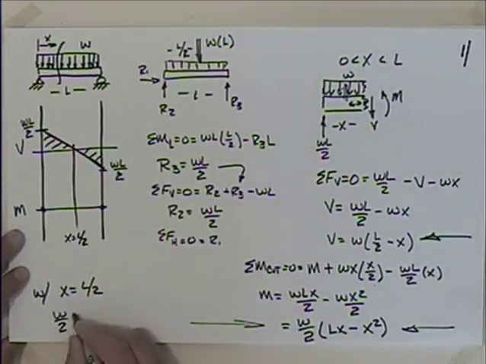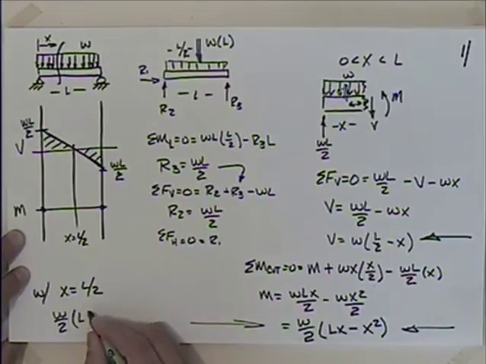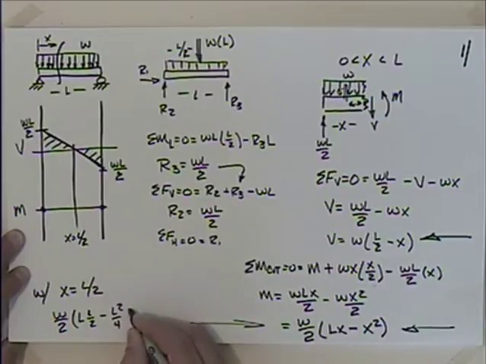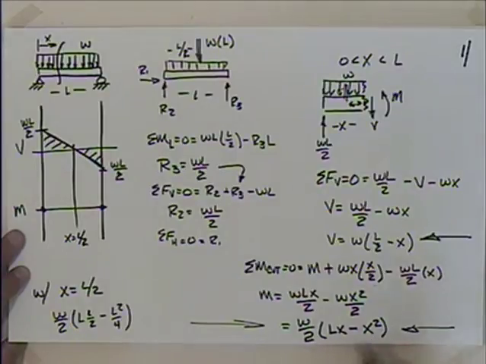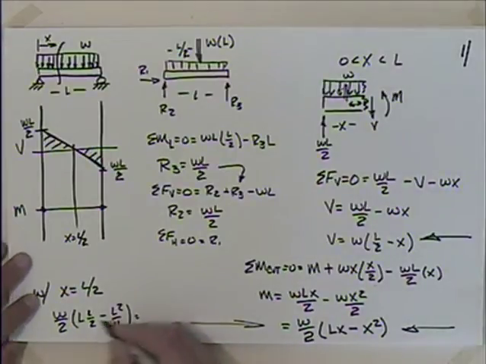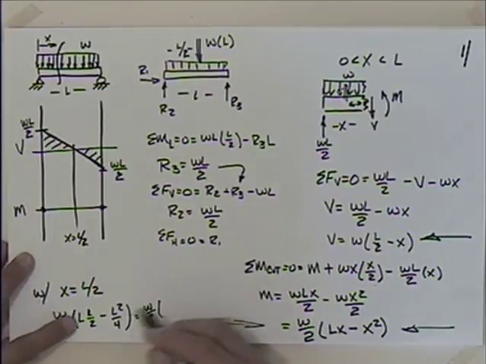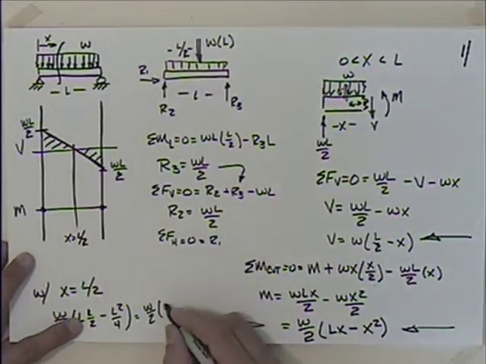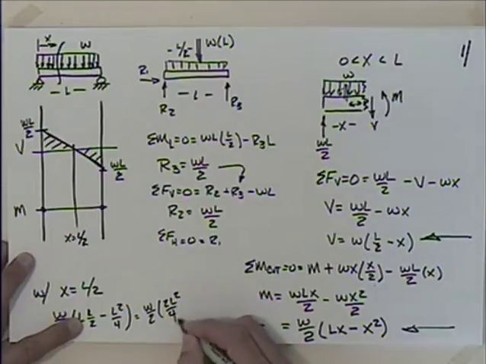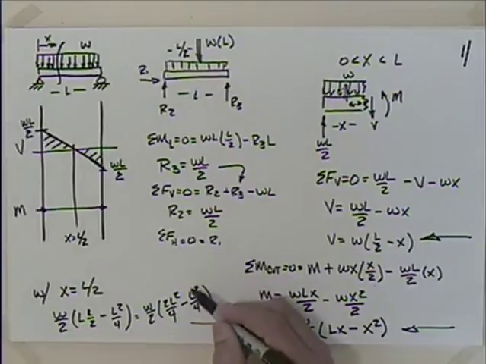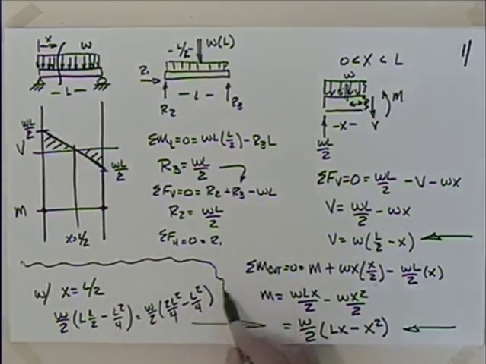Well, we have W over 2 times L times L over 2 minus L squared over 4. Is that right? So what do we get out of that? So I have W over 2 times L squared over 2, which would be 2L squared over 4 minus L squared over 4, which gives me in the bracket here, I'm just kind of using this as a scratch paper.